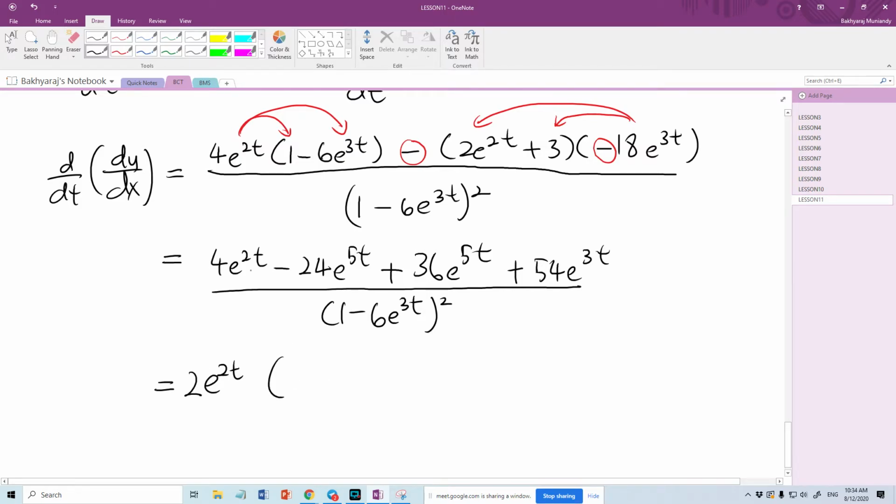So here you get 2, okay, only 2 right? And here you get what? 36 minus 24 is what? Yeah, correct. You get plus 12, right? Plus 12 exponent. Once 2 is taken out, so you have 3 here. So 3t right? And plus is what? 54 divided by 2 you get?